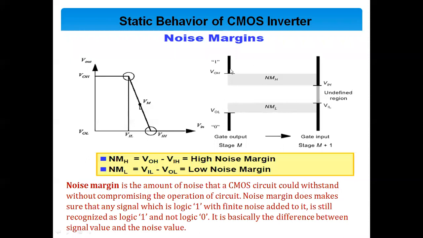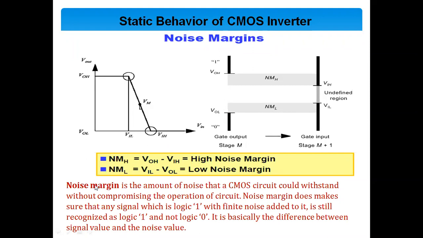And the low noise margin is VIL minus VOL. The difference between VOH and VIH is the high noise margin, and the difference between VIL and VOL is the low noise margin.